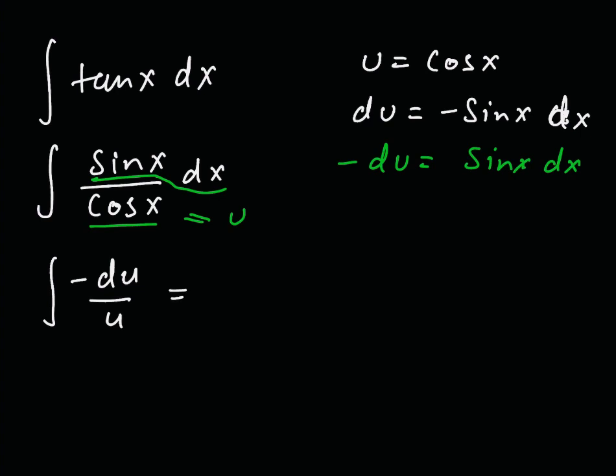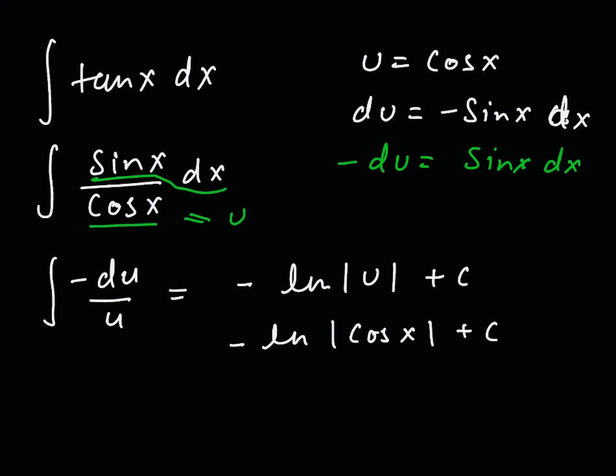So the indefinite integral of du over u would be minus ln u plus c, where c is a constant of integration. Now we're going to place the value of u, which we assumed to be cos x. So that's going to be minus ln mod of cos x plus c. So that's going to be our answer for the second indefinite integral.